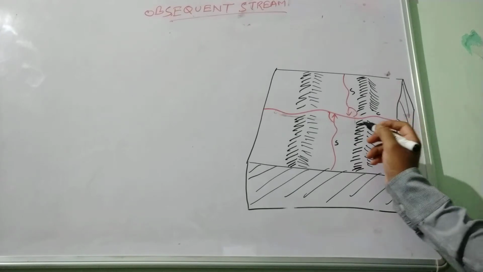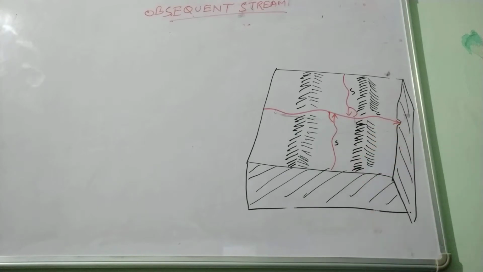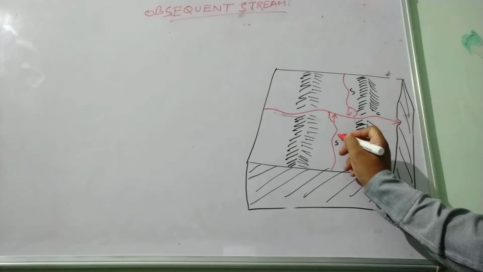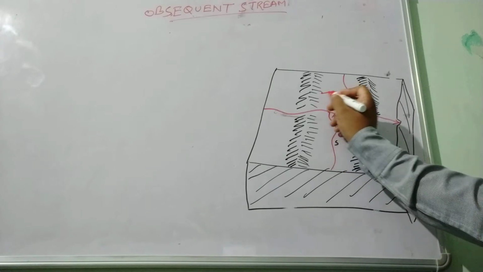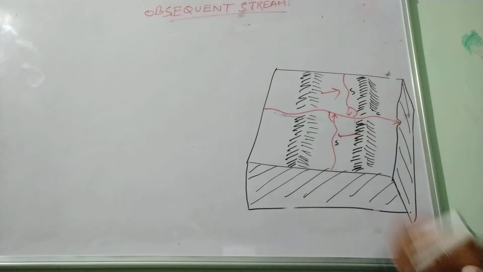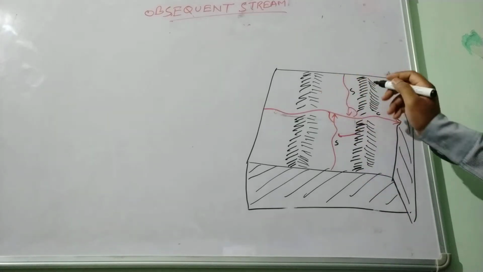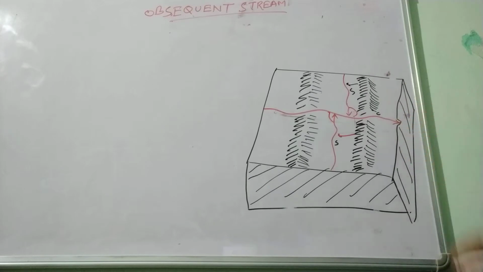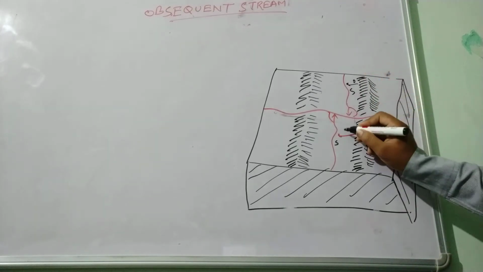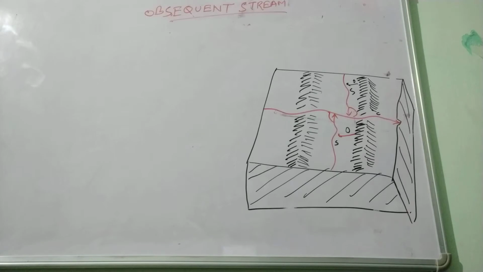Therefore, streams start to move in this direction. These are called obsequent streams because they flow against the direction of the dip of the original rock beds.